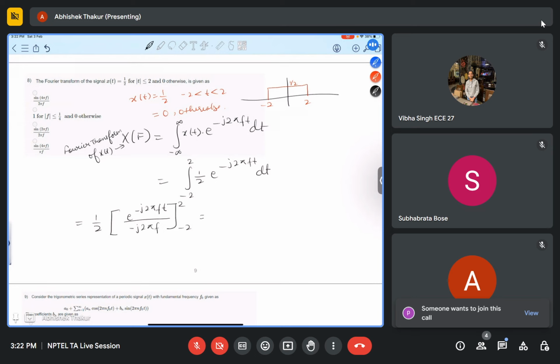So here it will become e to the power of, now substitute t equal to 2 and minus 2 here. So we will take all this constant term outside. So 1 by minus 4 j pi f we will take outside.